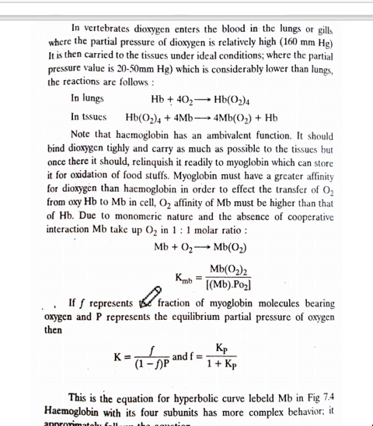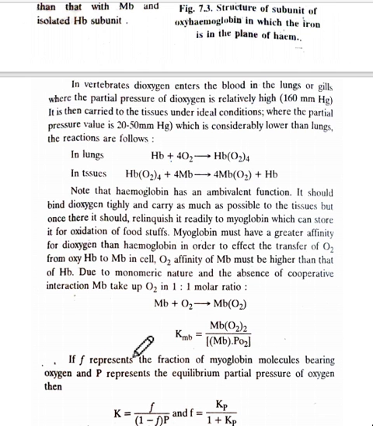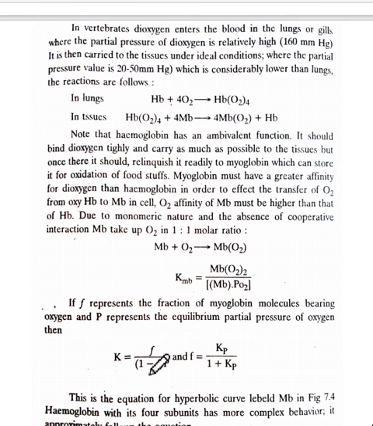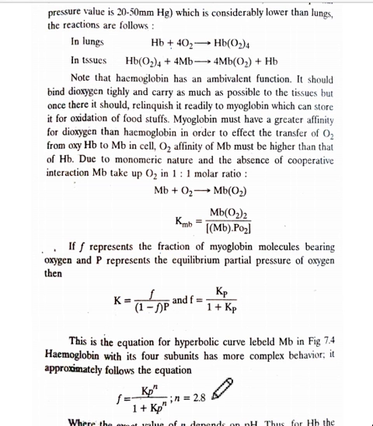If F represents the fraction of myoglobin molecules bearing oxygen and P represents the equilibrium partial pressure of oxygen, then K is equal to F upon (1 minus F)P, and F is equal to KP upon 1 plus KP. This is the equation for a hyperbolic curve, which is shown in the lower figure.